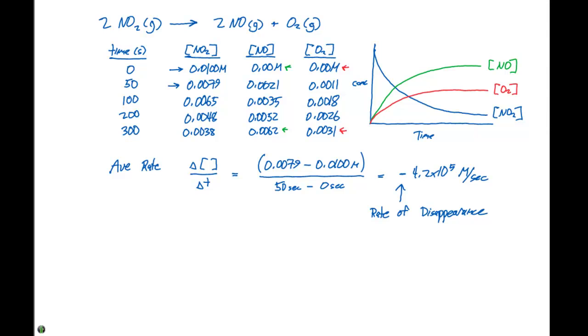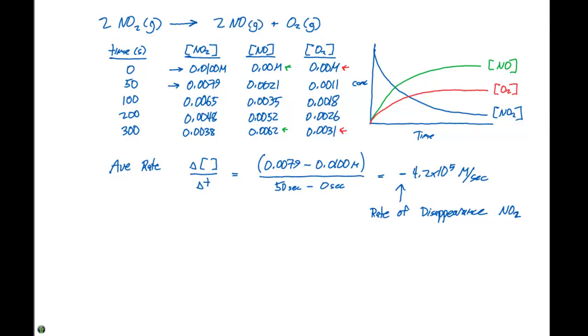This is the change in the concentration of NO2 per time. Remember from the previous example we went over rate of appearance and rate of disappearance. So this is the rate of disappearance of NO2 per time, and the units we typically express are molar per second.